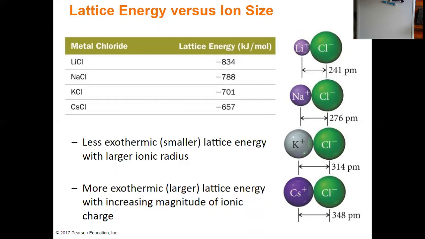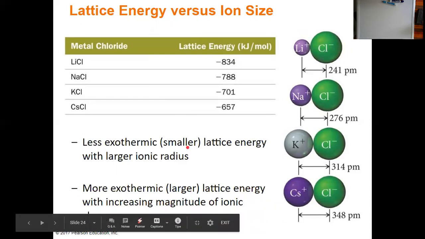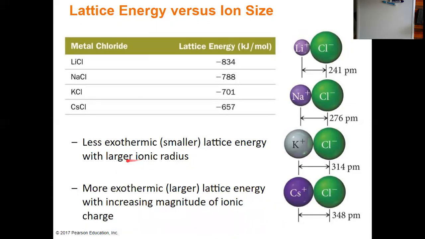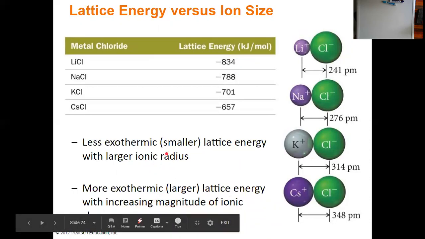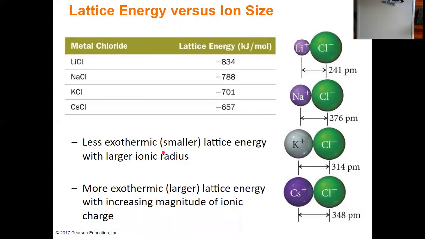You should also know the trends that are involved when we're talking about lattice energy. One of the big ones is that when you have a larger ionic radius, you're going to have a smaller lattice energy. And when you have an increasing charge, you're going to have a bigger lattice energy.